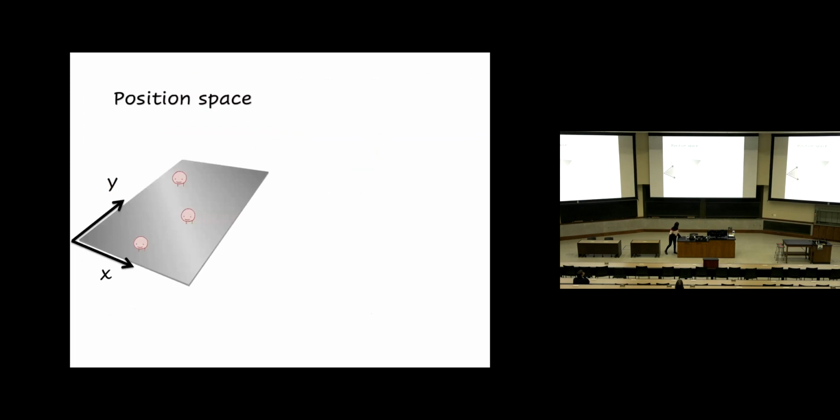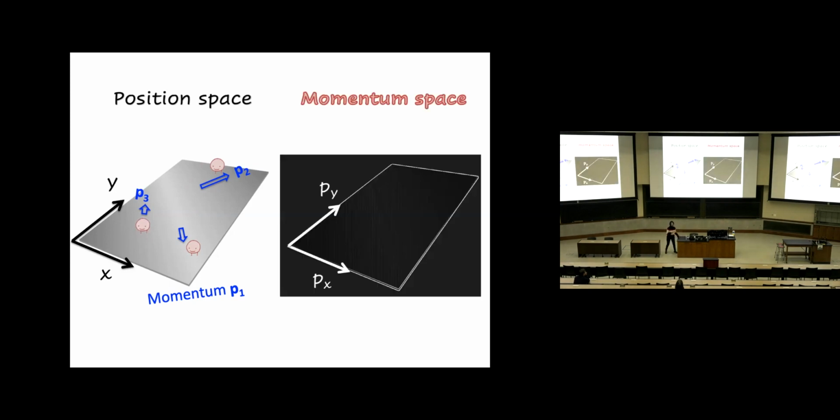So let's start from position space. That's just the space that we live in. And then there are electrons, and electrons can have different momentum, meaning they can move in different directions with different speeds, right? And with this, I can go to a dual space, a mysterious space that's called momentum space.